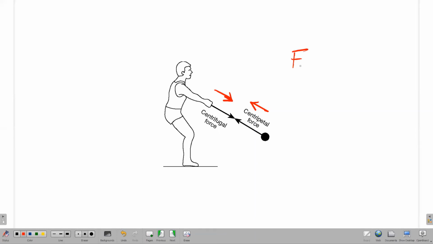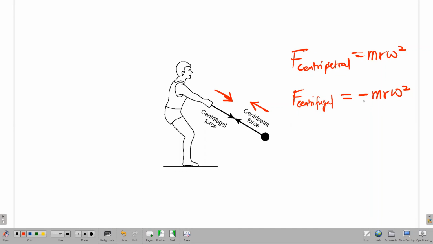If we write the centripetal force to be equal to m r omega squared, then the centrifugal force will be equal to negative m r omega squared, and vice versa.